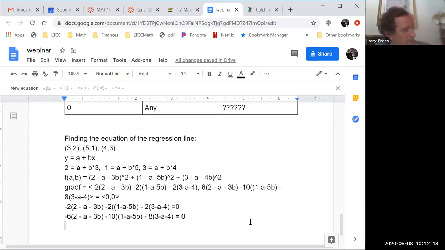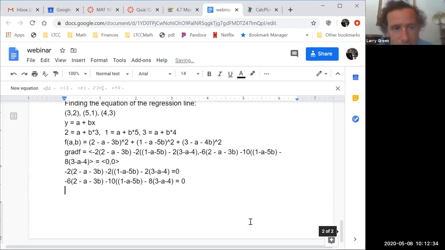In here somewhere. At least I think so. You get A is equal to 4, and B is equal to -0.5.